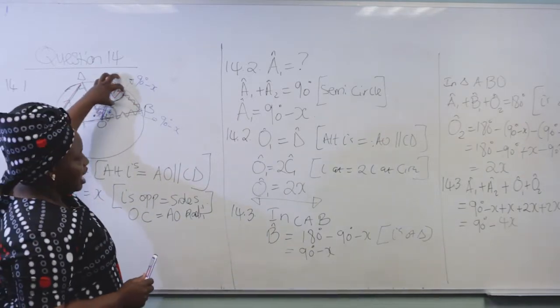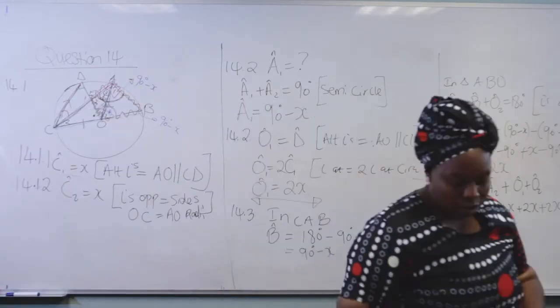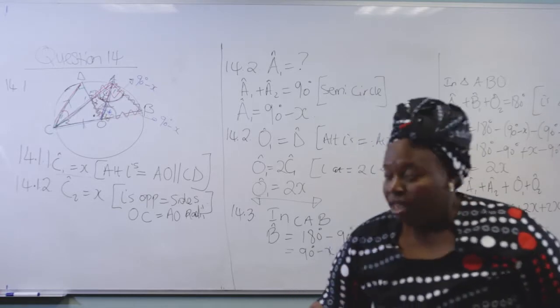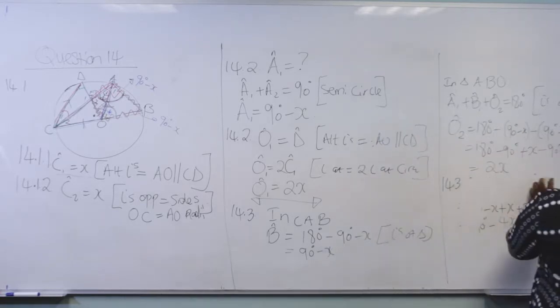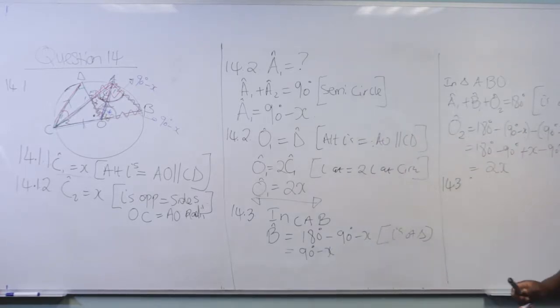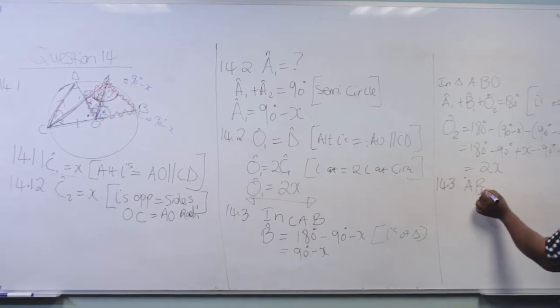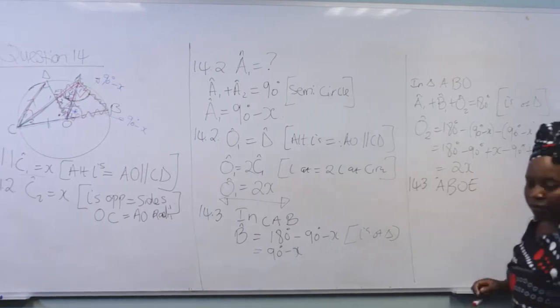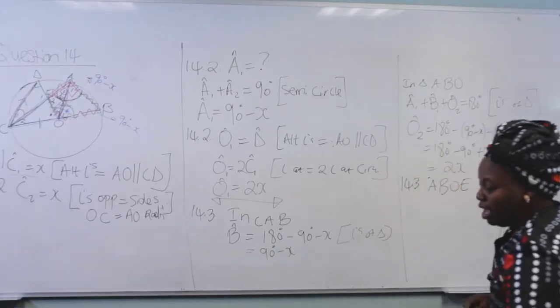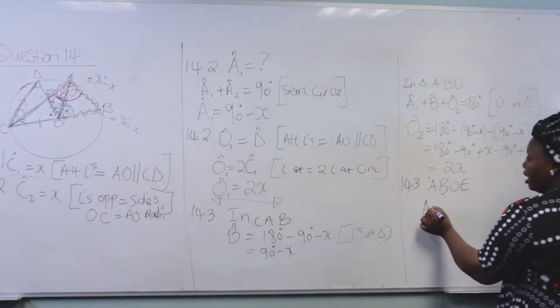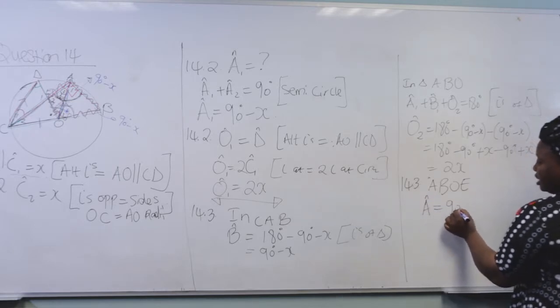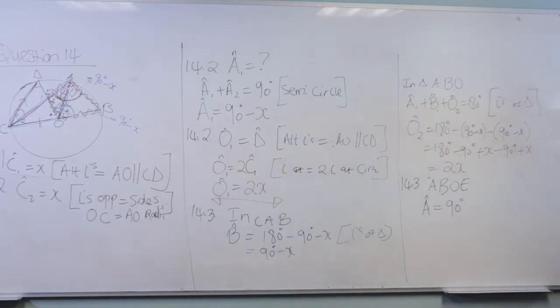The whole of angle A is equal to 90. So let's look at this one. The whole of angle A, it's 90. Remember, we are talking about A, B, O, E. If I'm not mistaken, yes, A, B, O, E. The whole of angle A is equal to 90 degrees because of a semicircle.